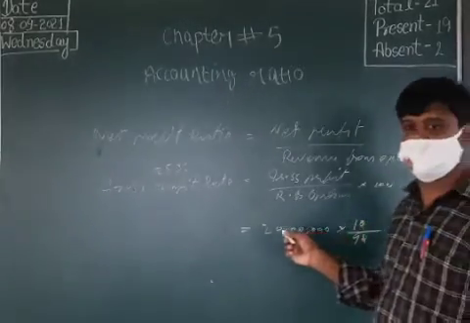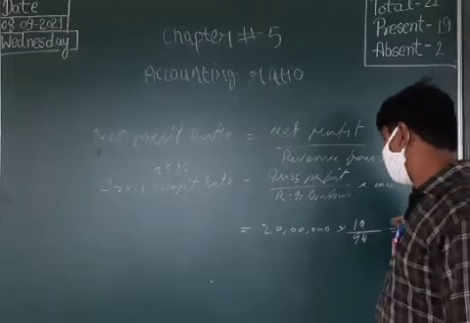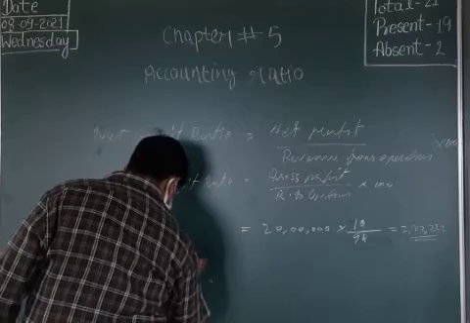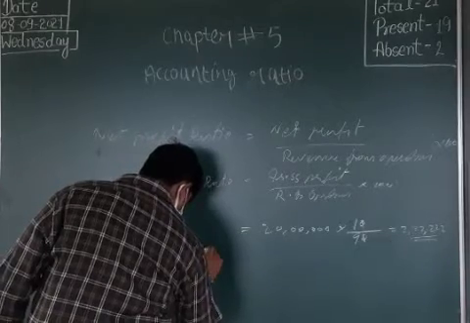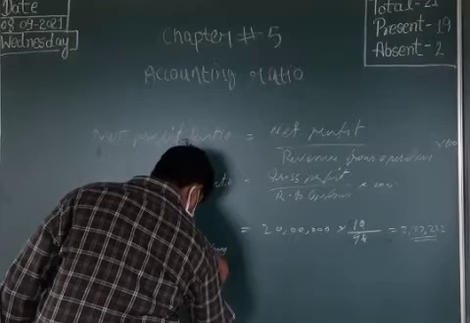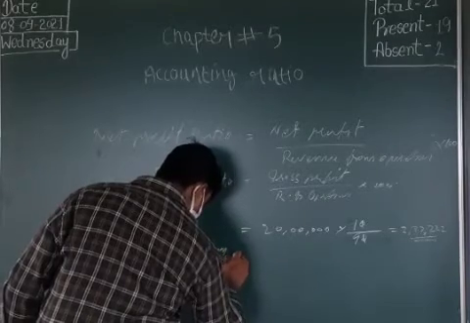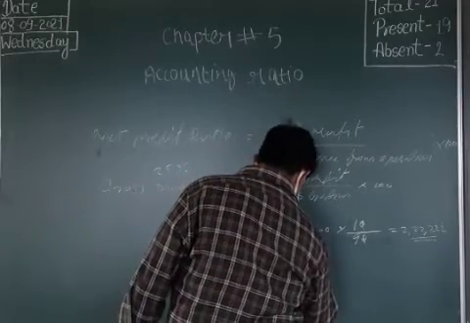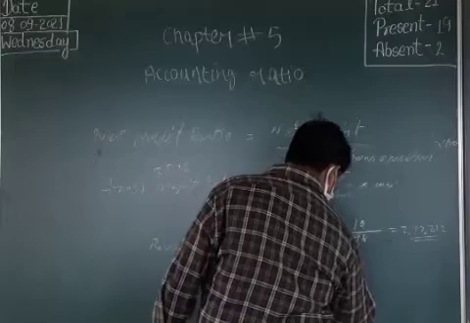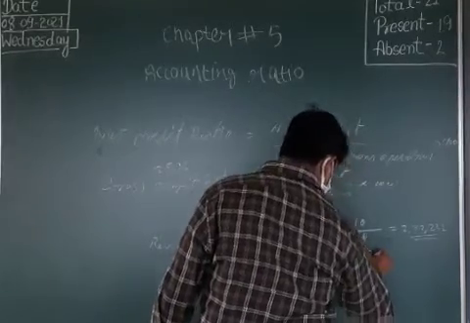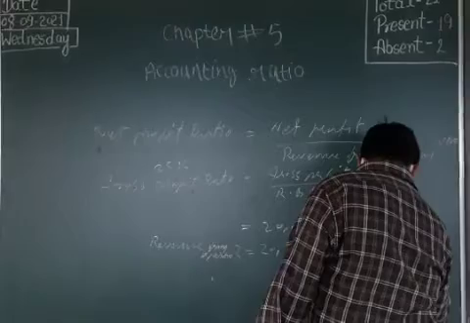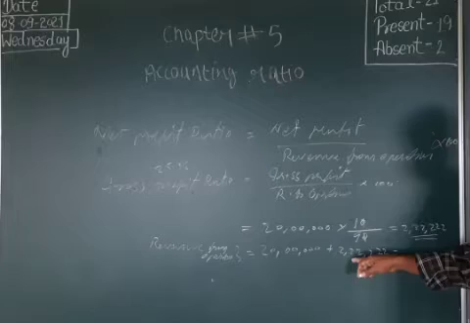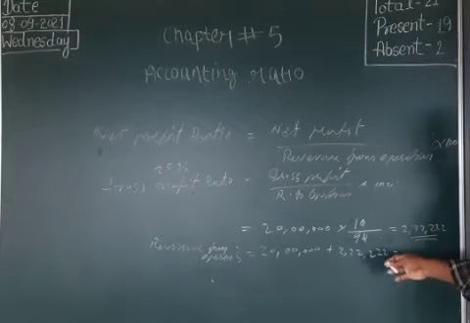To find the total revenue from operation, we need to add these two. That means revenue from operation is equal to 20 lakh plus 2,22,222. Correct now? Then we got it.